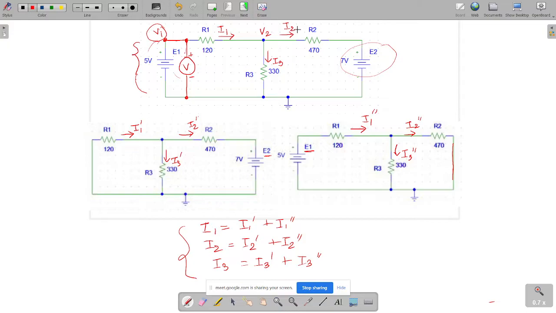After R2, the positive is connected after R2 and the negative is connected to the ground. Can you please repeat it once again, because I couldn't hear you properly. Ma'am, the positive side is going to be connected after R2 on the wire, and the negative is similarly connected to the ground.